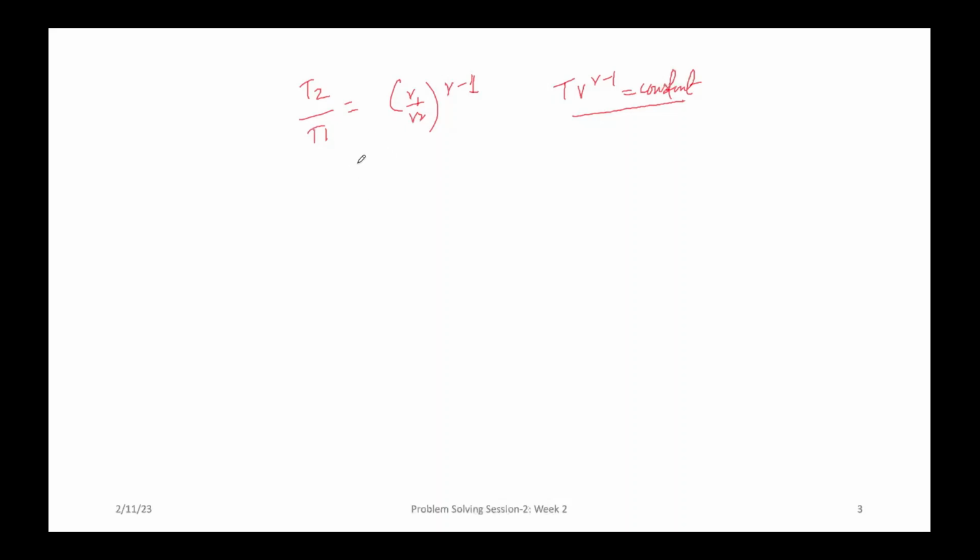When we put this based on the ideal gas, we will get a relation T2/T1 = (P2/P1)^((gamma-1)/gamma). So this expression we got from the above equation.